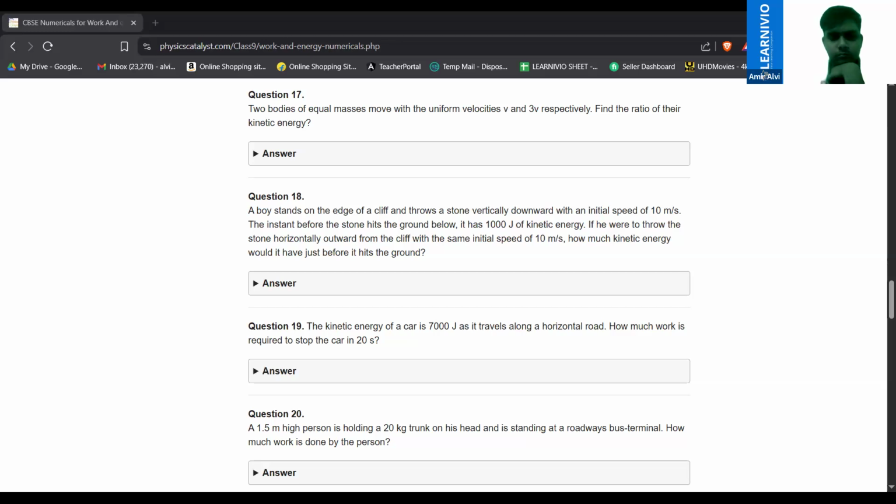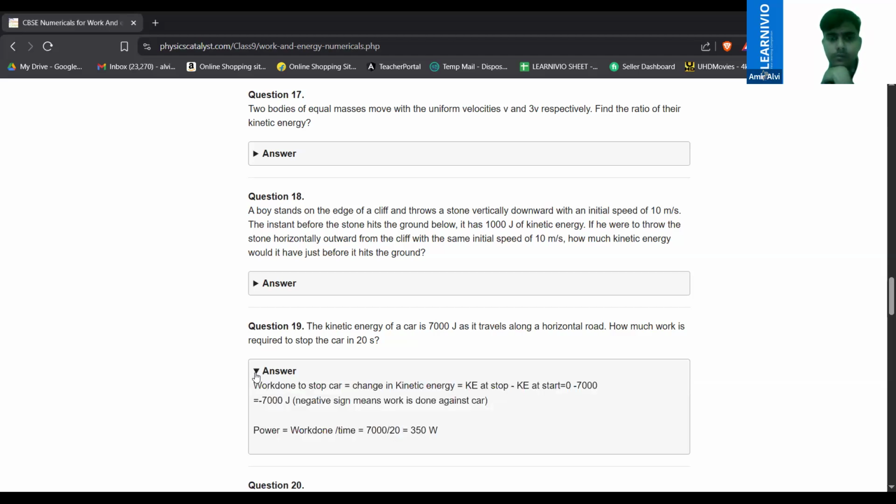The work done is negative 7,000 joule. Negative 7,000. Yes, correct.